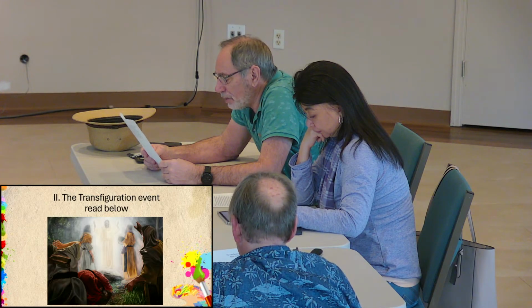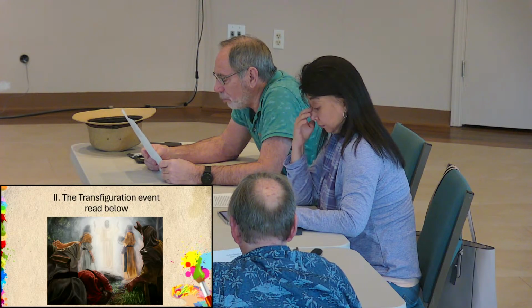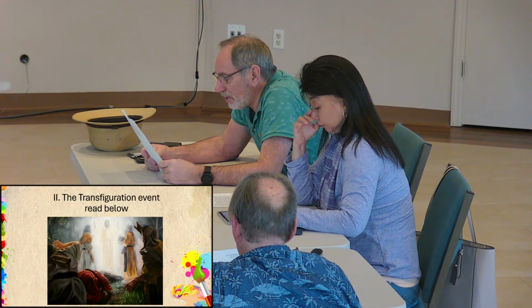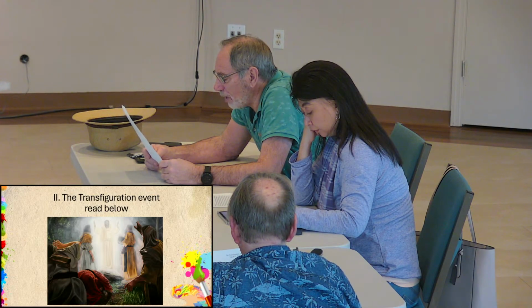Then Peter said to Jesus, "Lord, it is good for us to be here. If you wish, I will set up 3 tents here, one for you, one for Moses, and one for Elijah." While he was still speaking, suddenly a bright cloud overshadowed them, and a voice from the cloud said, "This is my son, the beloved.